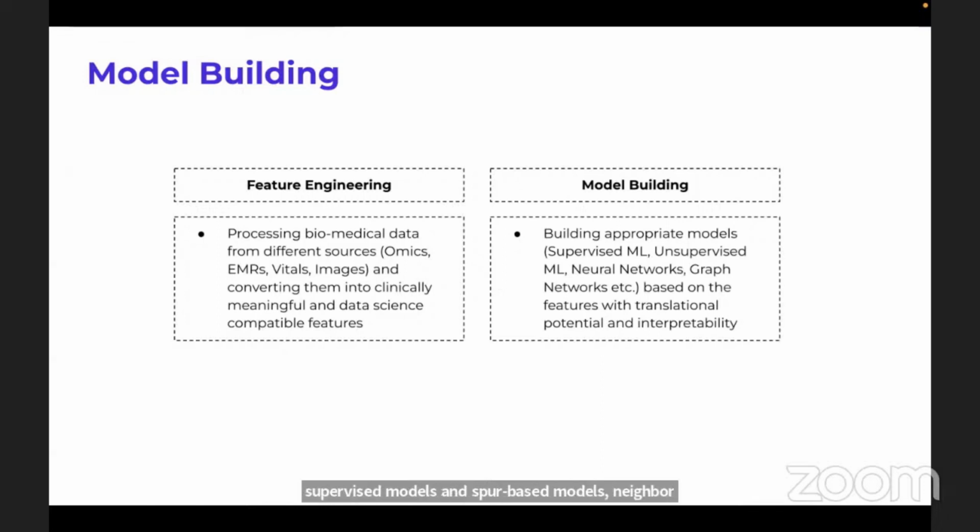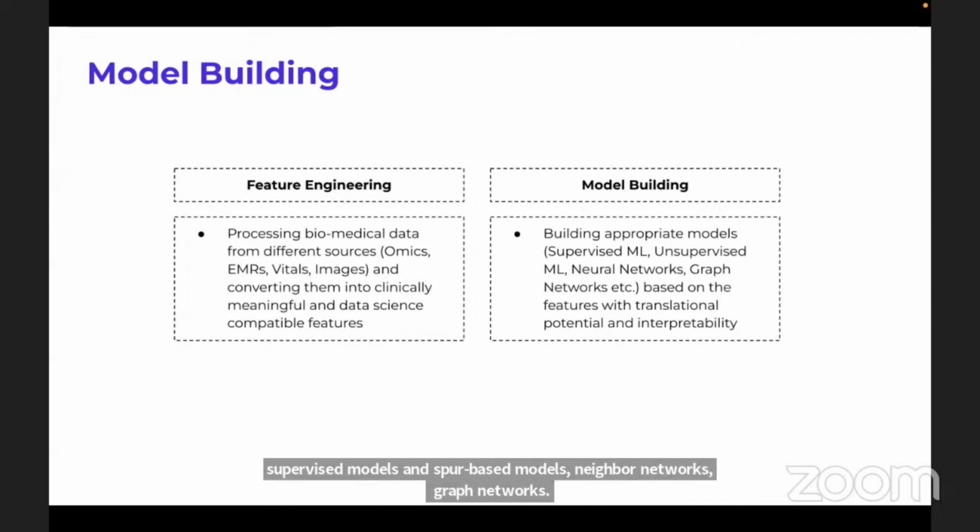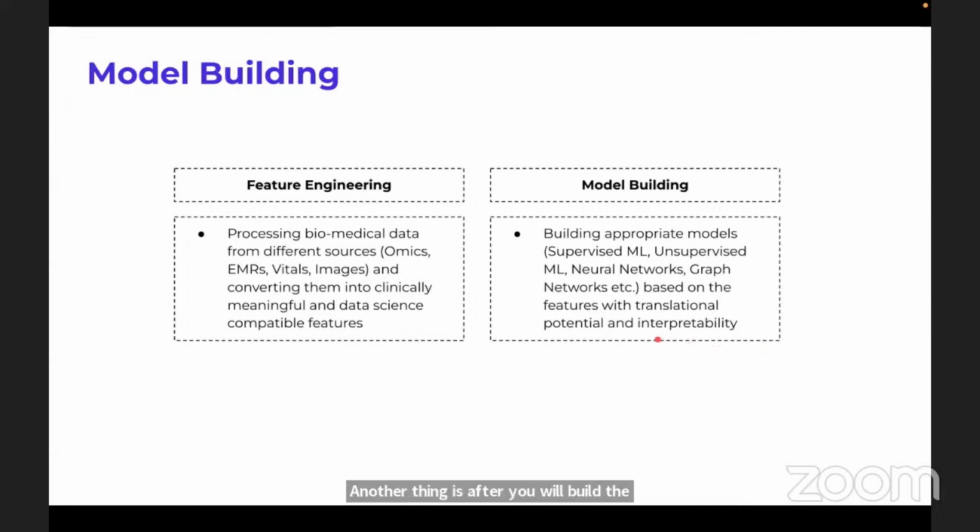Another thing is, after you build the model for health informatics, you also need to provide interpretability. Healthcare is a domain where you need to provide the interpretation, which is now being called interpretable AI.